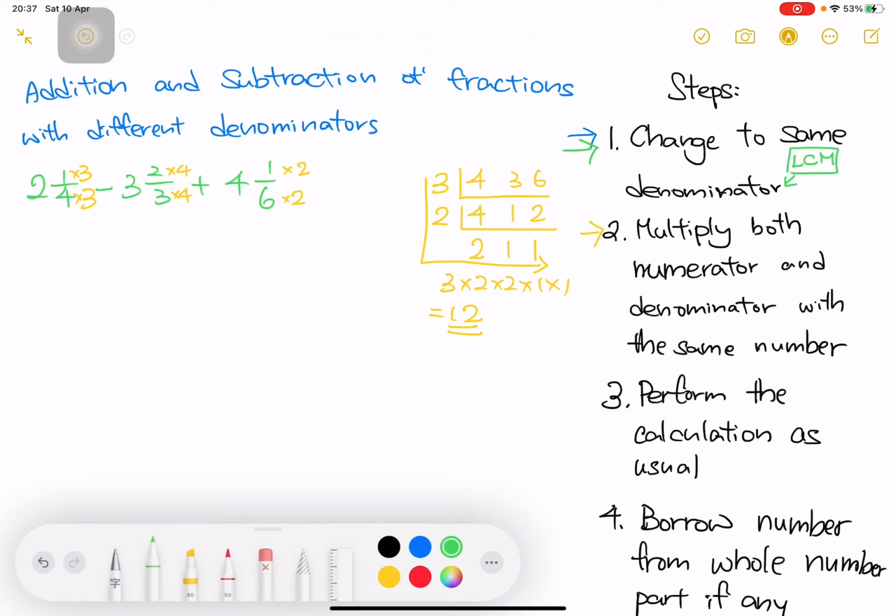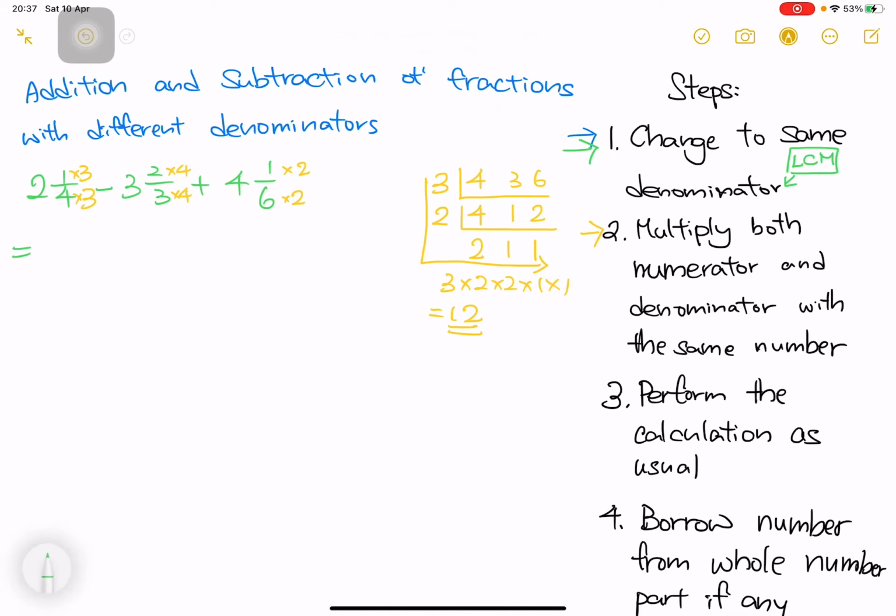After you times the number, you can find out the answer to be 2 and 3 over 12 minus 3 and 8 over 12 plus 4 and 2 over 12. Alright, so the next step, you have to perform the calculation as usual.